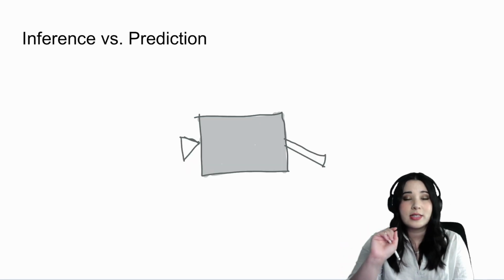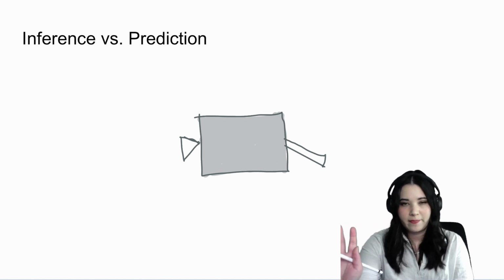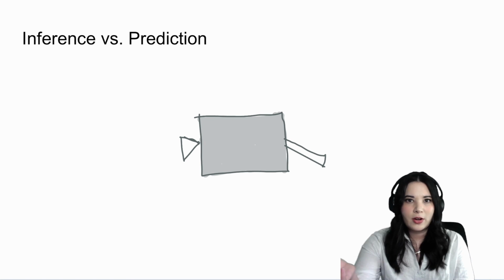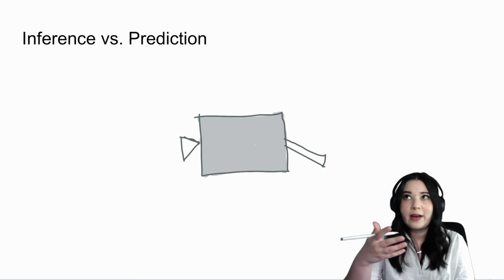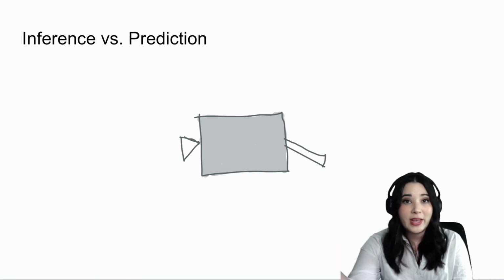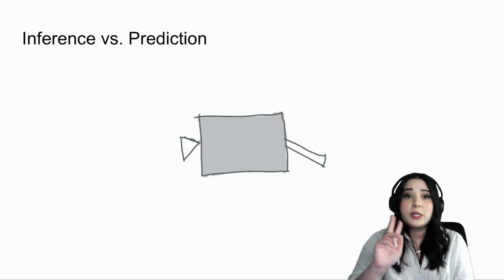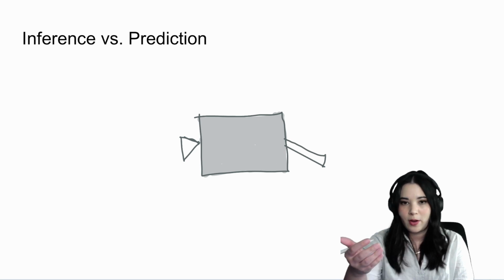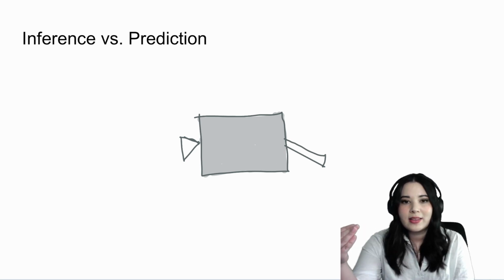Last but not least, let's talk a little bit about the difference between inference and prediction. So when we have a model that estimates something, like say I have a model that estimates your cat's weight based on its height and age, there might be 2 things that we care about. One might be the output of the model. Whatever weight the model is spitting out, we want it to be accurate.